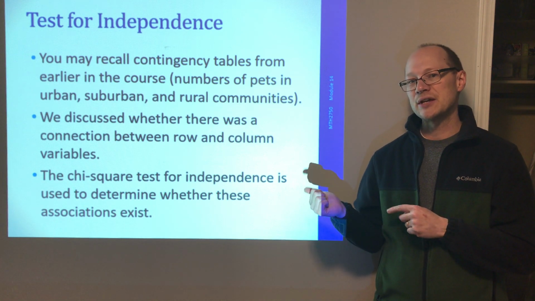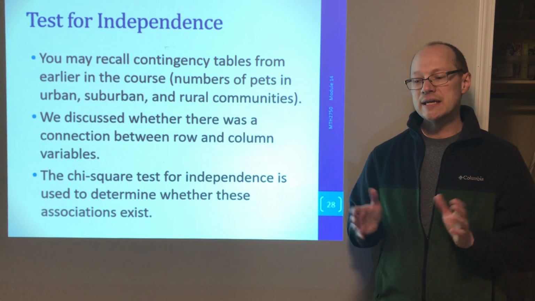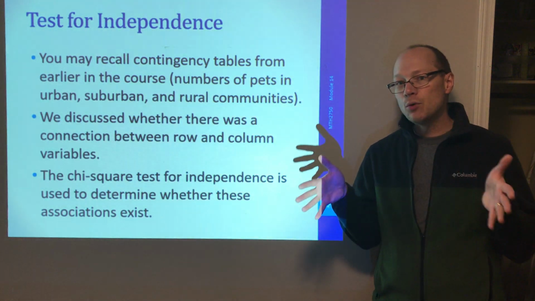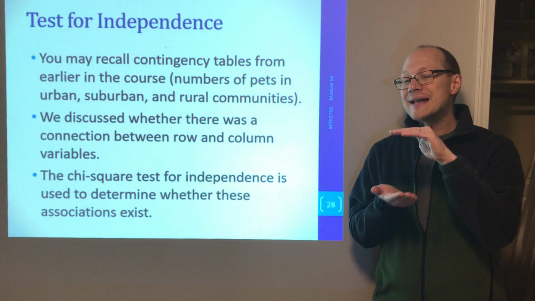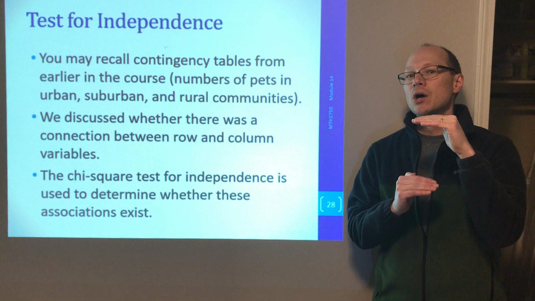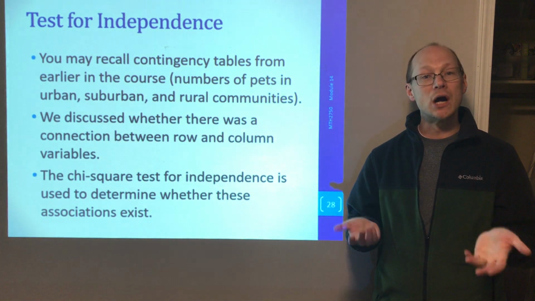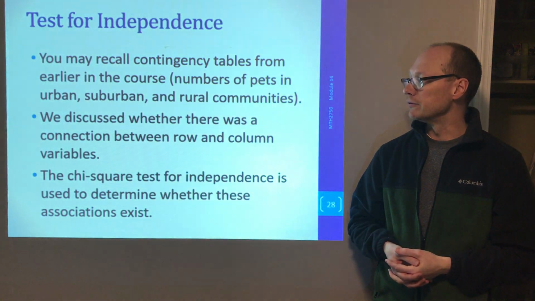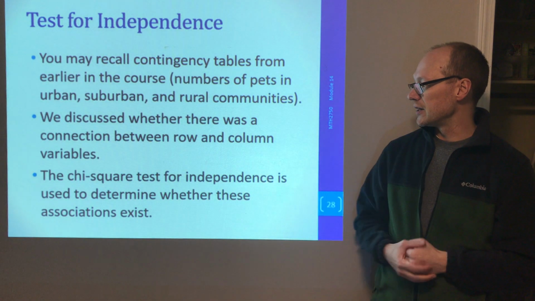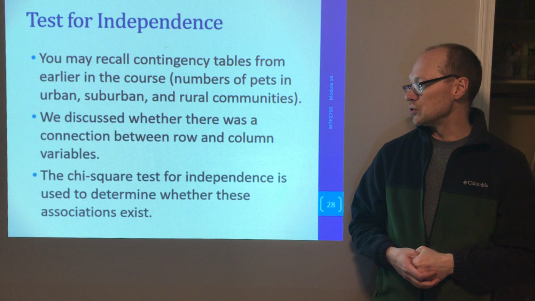Well, that's what this test right here is going to talk about, is when you have a table full of values, is there necessarily a correlation, a dependence between those things, or are they independent of one another? And the chi-square test for independence is used to determine that.